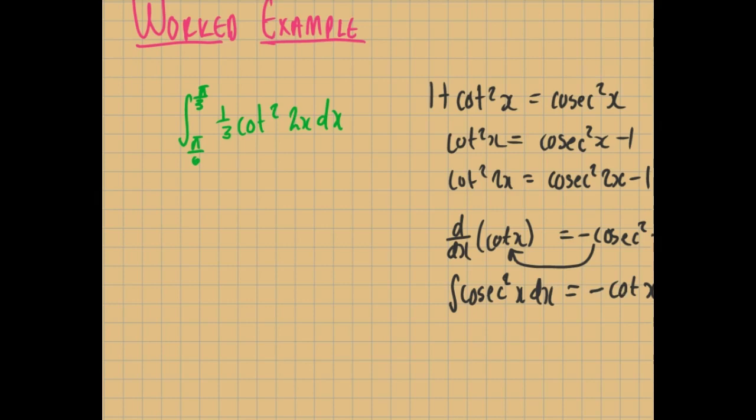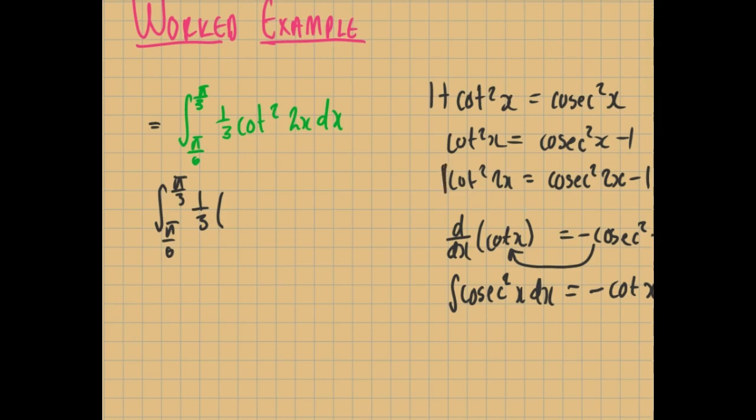Anyway, so now if I go in here, I have the integral from pi over 6 to pi over 3 of 1/3 multiplying cot squared 2x.